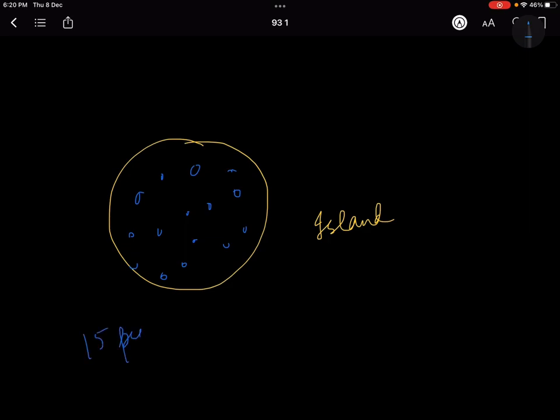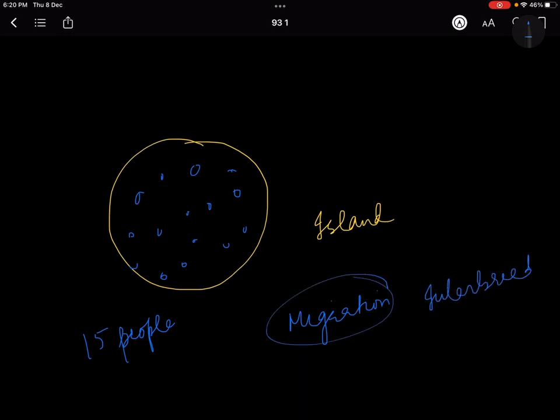Because there is no migration in or outwards, only these people are interbreeding amongst themselves, following Mendel's principle, because they are mating with each other.